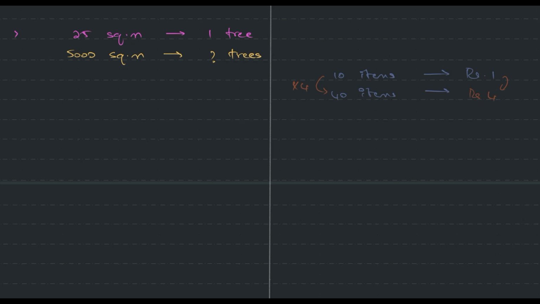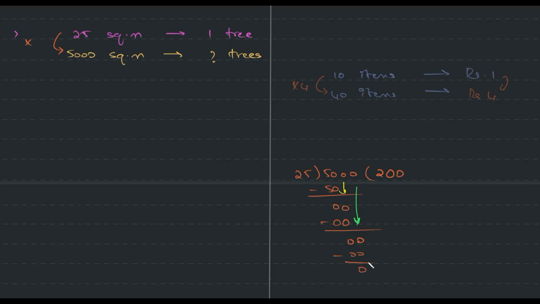In a similar line of thinking, 25 into what will give me 5,000? For that, I should divide 5,000 by 25. 2 fives will give me 50. So I bring down the 0, and then the next 0, and again one more 0.